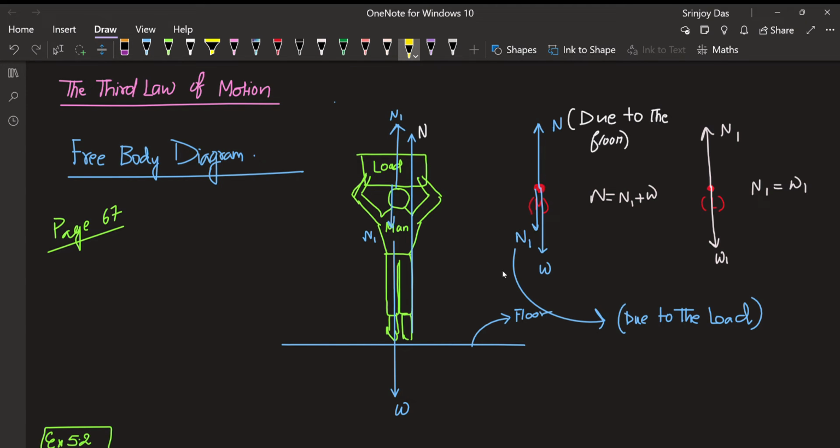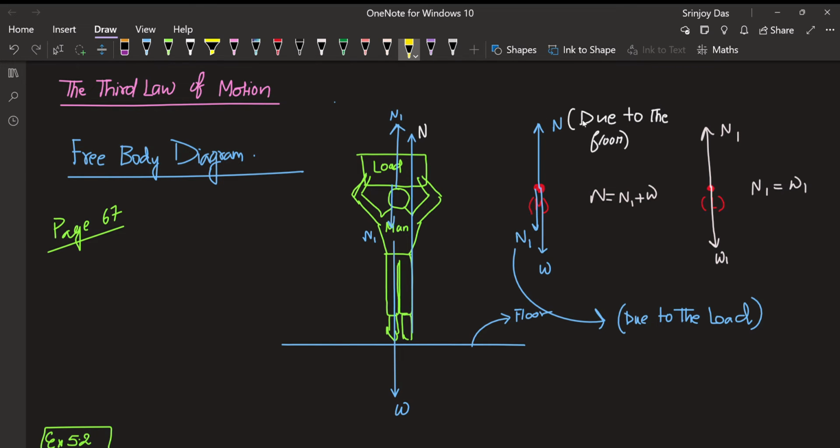Means we can observe it. The floor is giving a normal force to the man, upward direction, that I have taken as N. I have written it here because I am not taking space to write here.